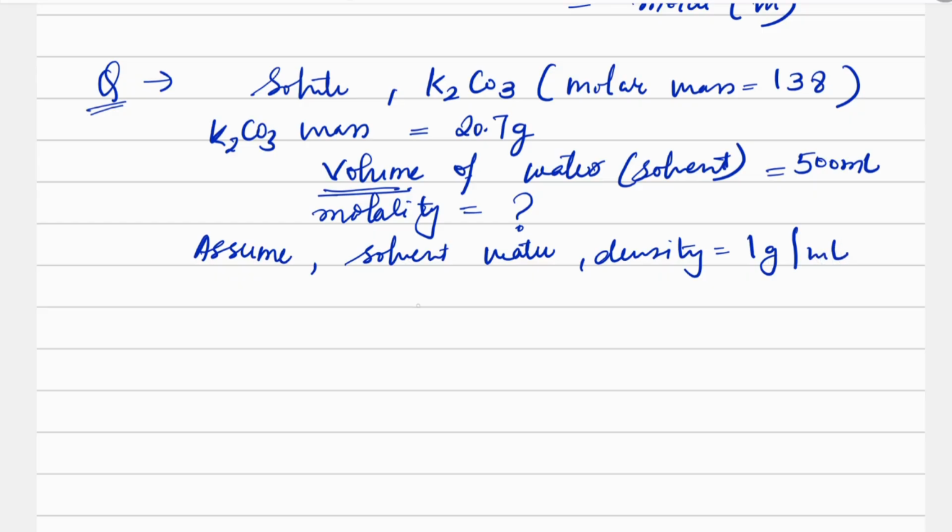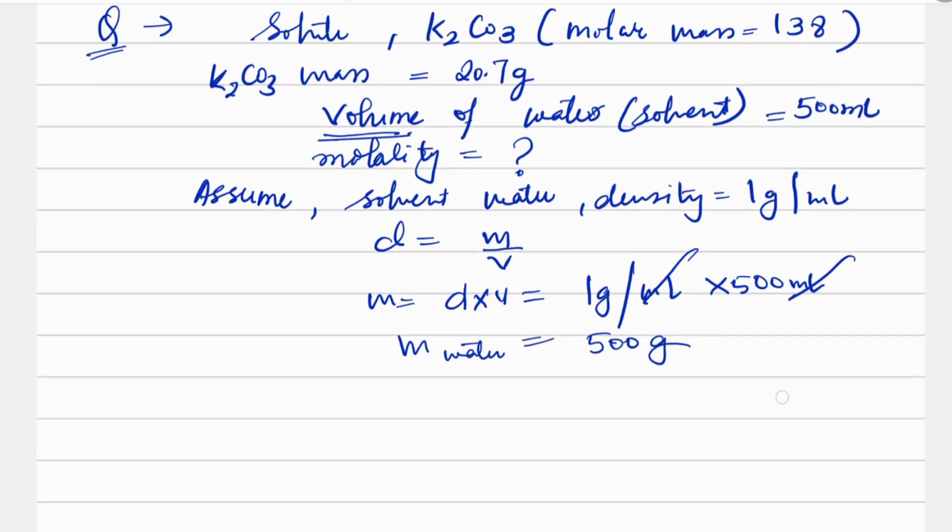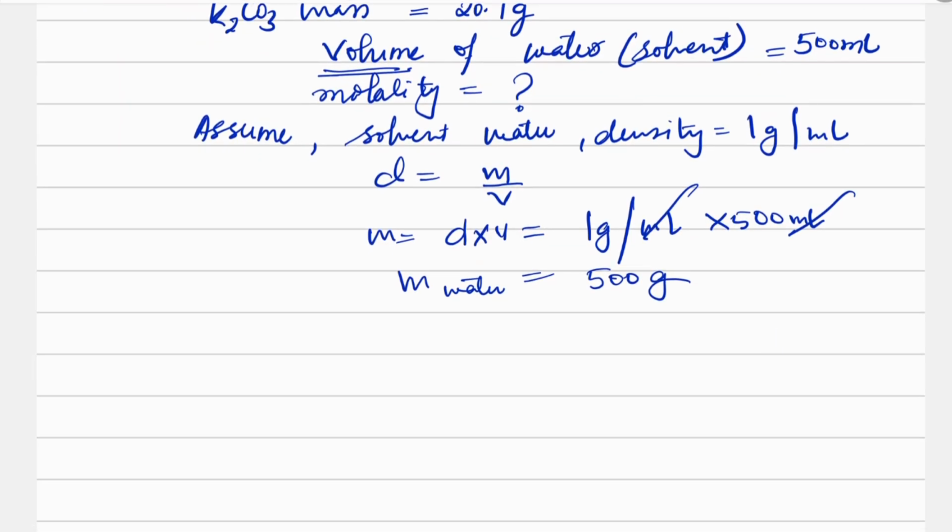And then we have to convert volume into mass. So density is equal to mass upon volume, and mass is equal to density into volume. So density is 1 gram per milliliter multiplied by 500 milliliter is the volume. Milliliter and milliliter cancels, and it becomes 500 grams. So the mass of water, water is solvent, we have calculated for that, is 500 grams.